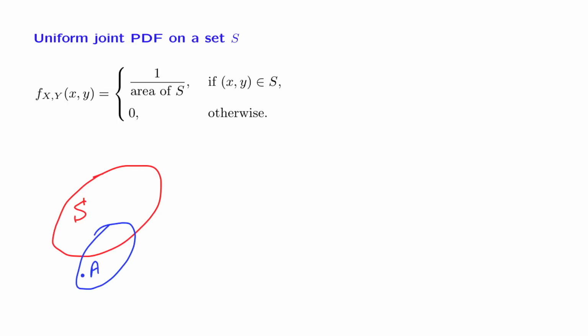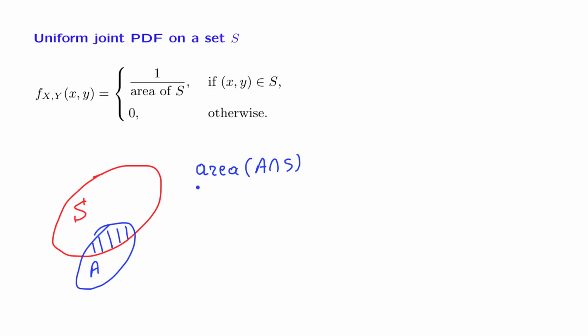Well, actually the PDF is 0 outside the set S, so the relevant area is only this part here, which is the intersection of the two sets S and A. So the total volume sitting on top of this little set is going to be the base, the area of A intersection S, times the height of the PDF at those places.